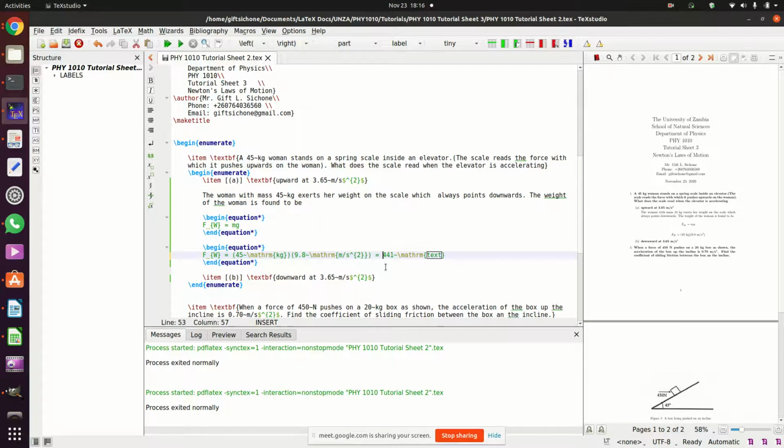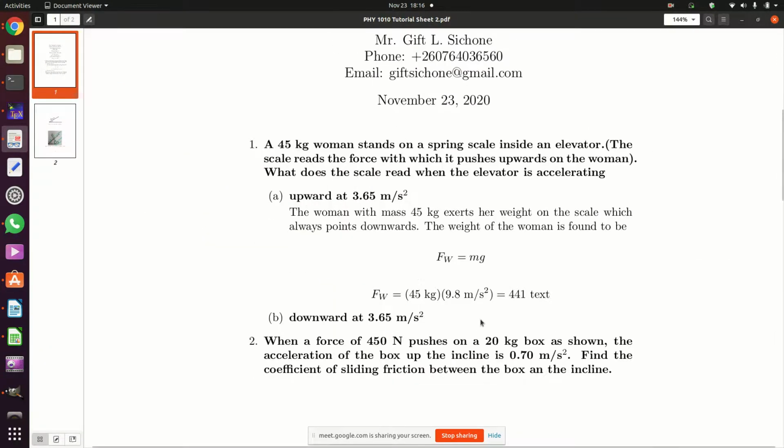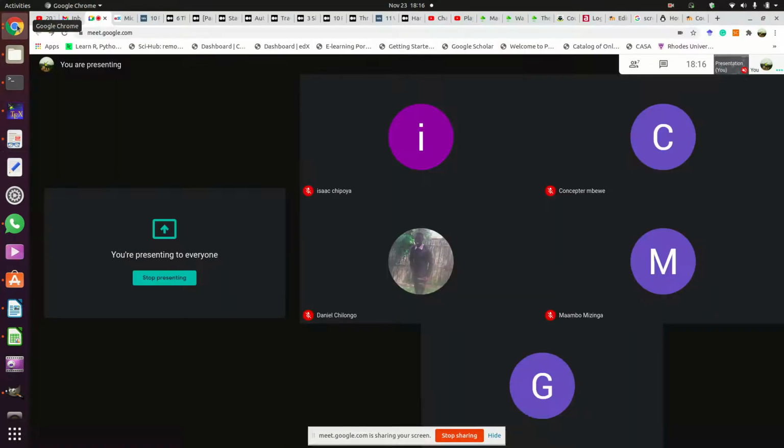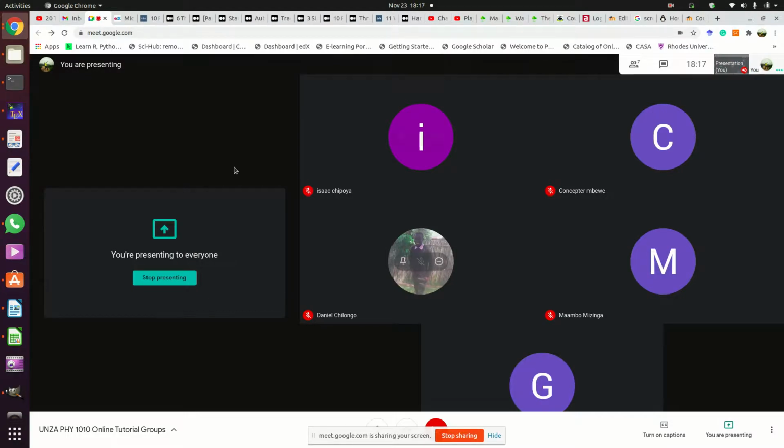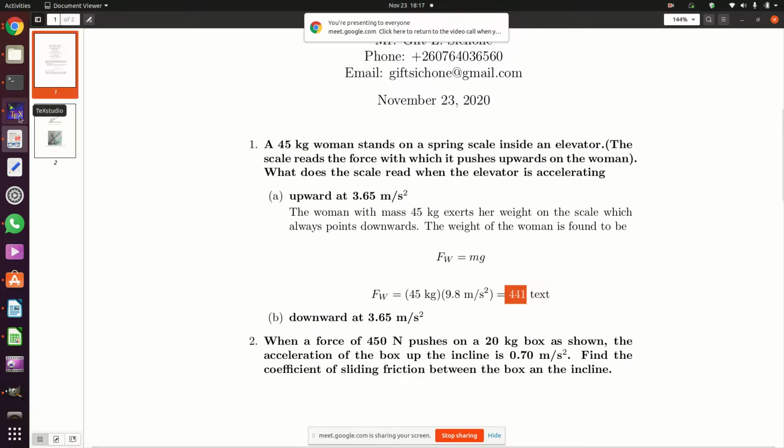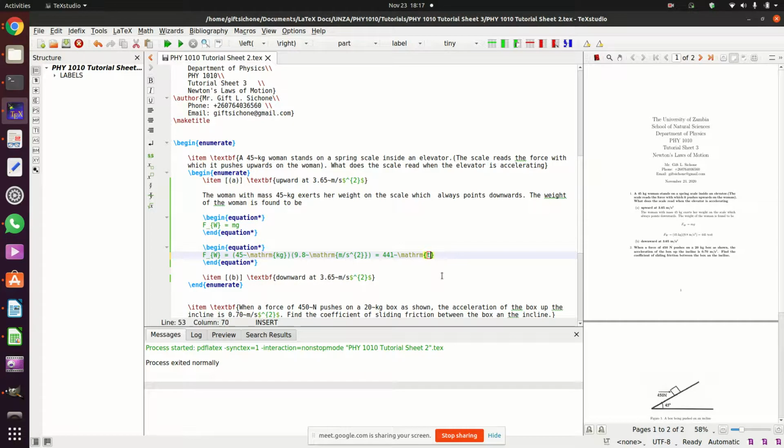What are the units of weight? We are trying to work out the weight of this woman.